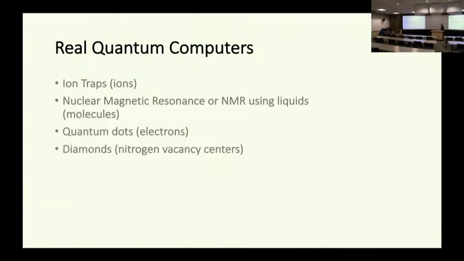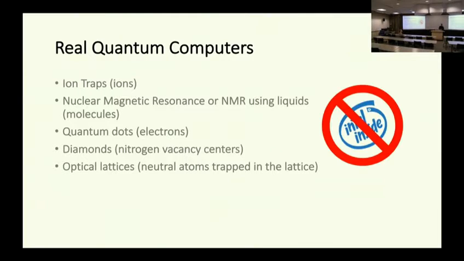Quantum dots, diamonds, and diamonds have nitrogen, and the location could be vacant or not. These things can be used as qubits. The lattices, these are things where you have neutral atoms that are trapped. You can use them to make qubits. Intel inside.